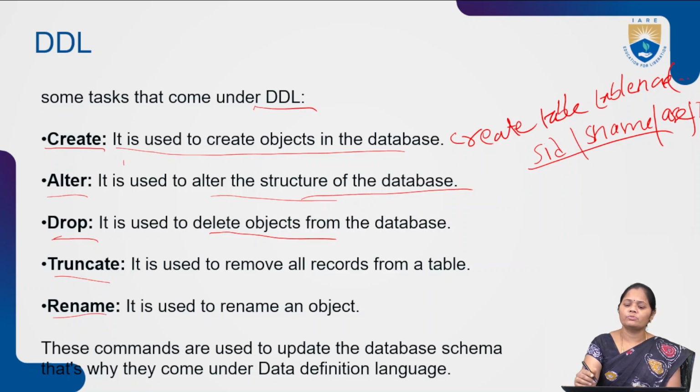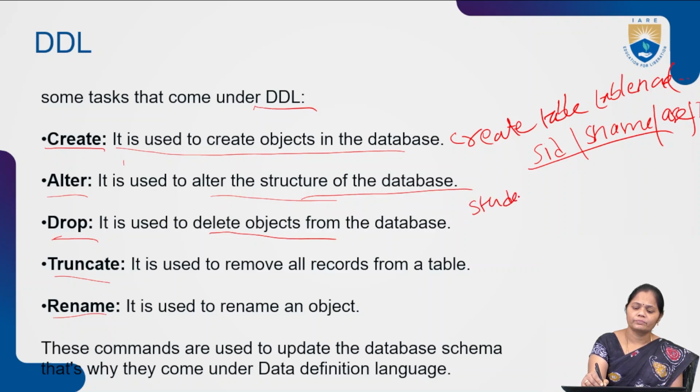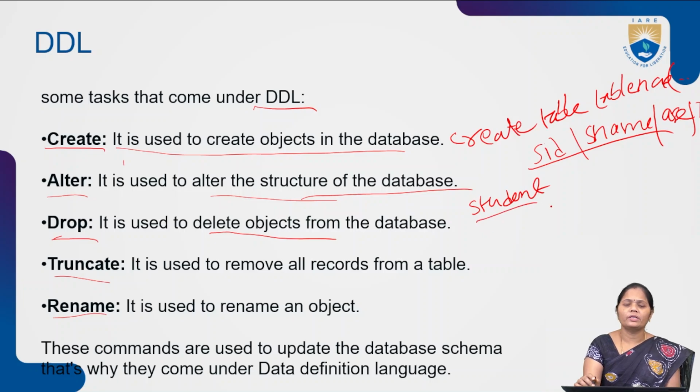After running that command, if I try to insert into the table, for example, the student table, here I want to consider. By making use of the drop command, I dropped the student table. Drop table student I wrote. That command is executed. And the next second, what I am trying to do is insert into student.